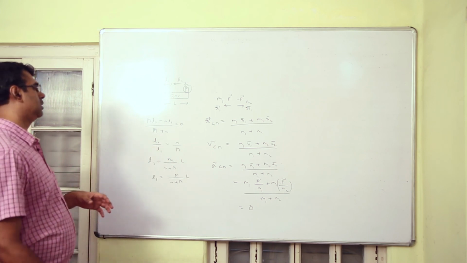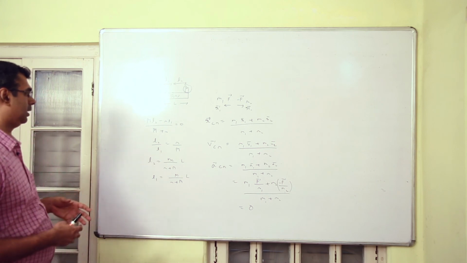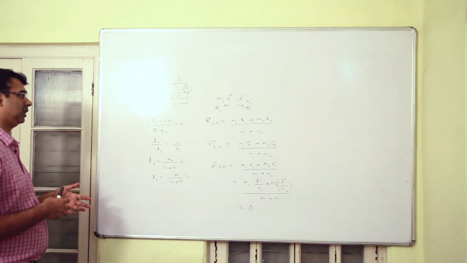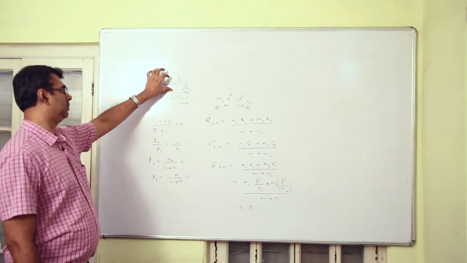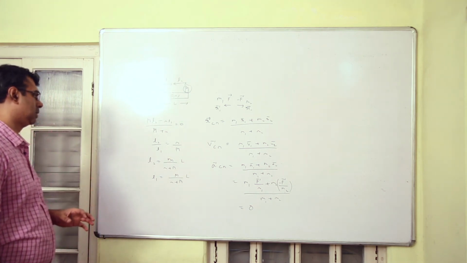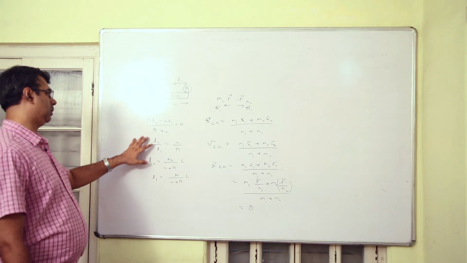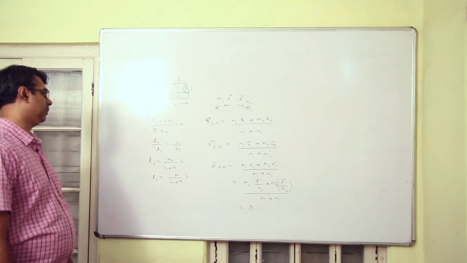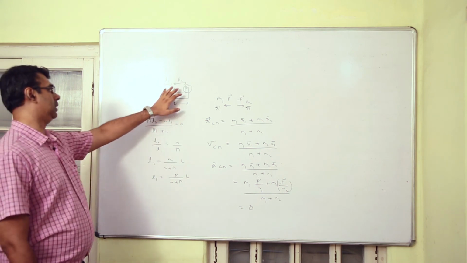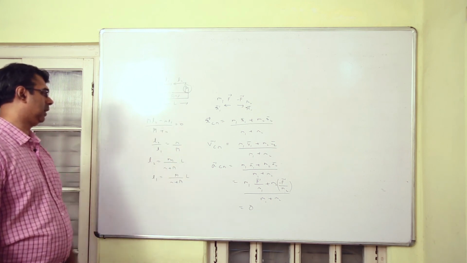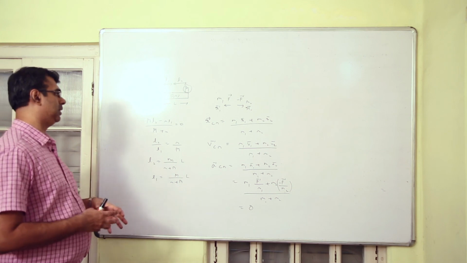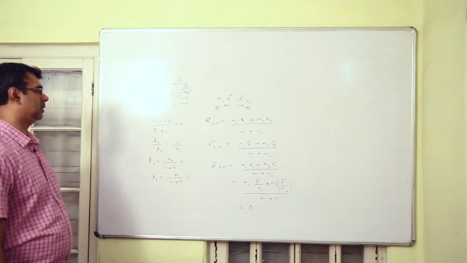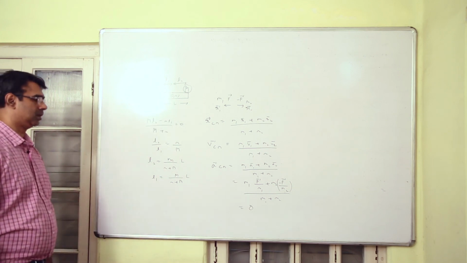Why? Because the center of mass will remain at rest, because it was initially at rest. In other words, these two will finally meet each other at the center of mass. So L2 by L1 is small m by capital M. That allows us to calculate L2 and L1 in terms of capital L, and it also tells us that eventually when these two bodies meet each other, they will meet each other at the center of mass.